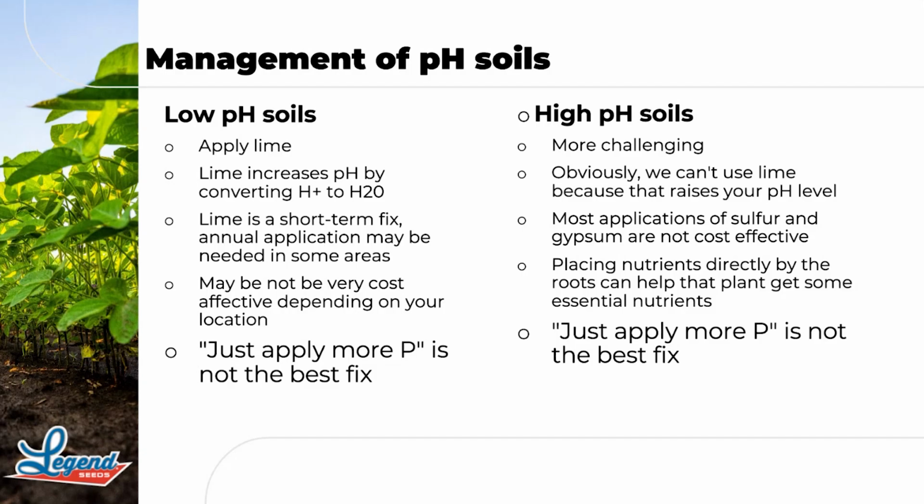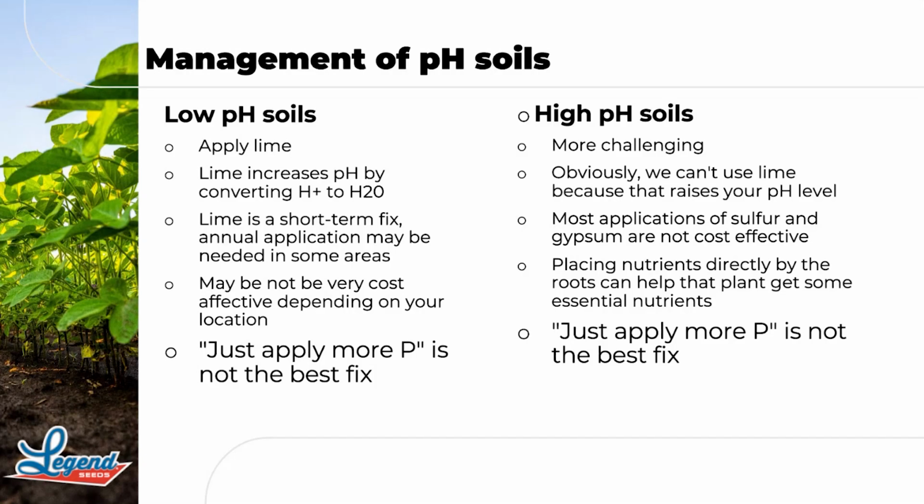There's areas where what it costs to get the lime to you and applied is extremely high and not cost effective. And then the last point on the next is, just applying more, going back to Jake's comment, is not the answer either. Because if you're only utilizing 10% of that 100 you're out there, you're just throwing money out there.